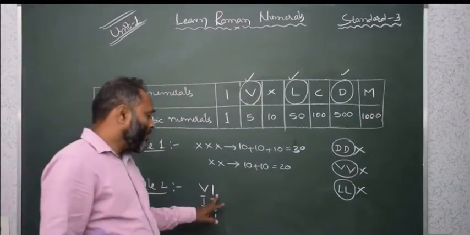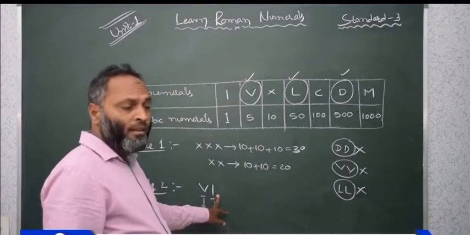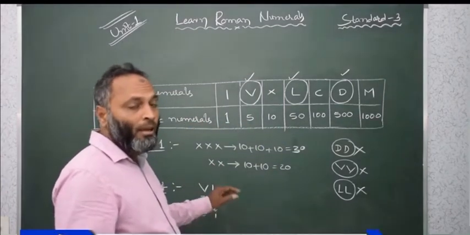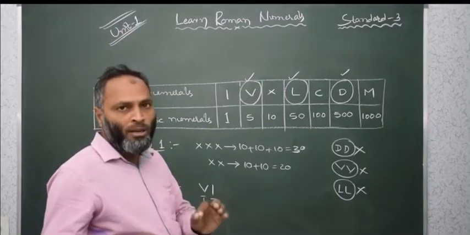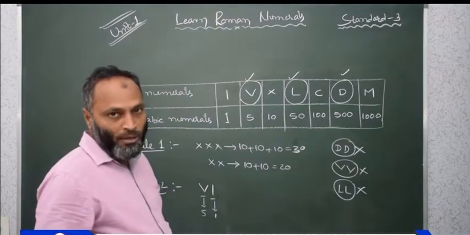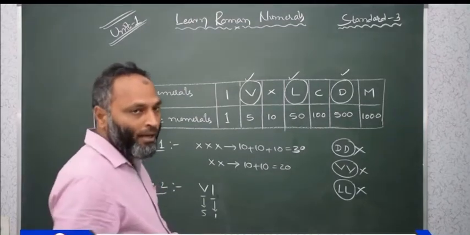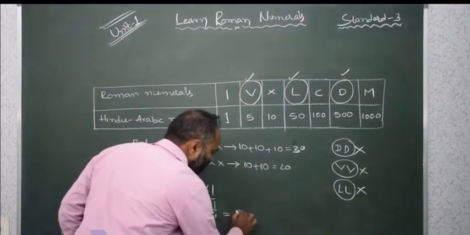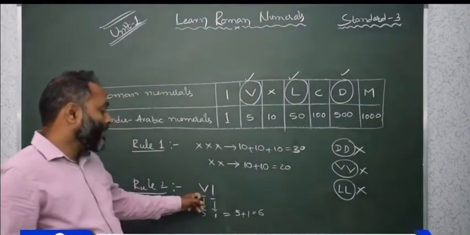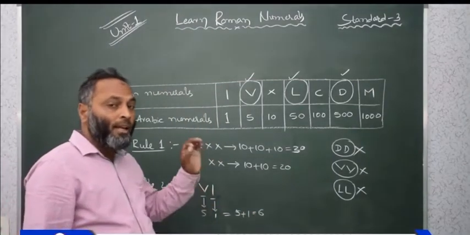Here the smaller Roman numeral is on the right side of the bigger Roman numeral. If any smaller Roman numeral is on the right side, after the bigger Roman numeral, then we have to add. That is 5 plus 1, that is 6. So it is the representation of 6.